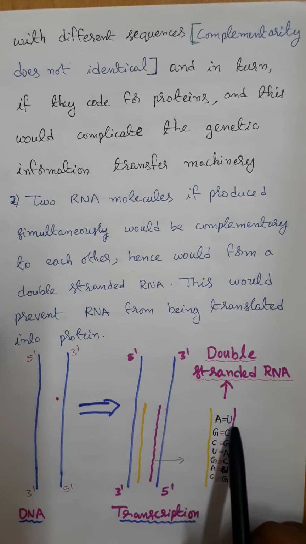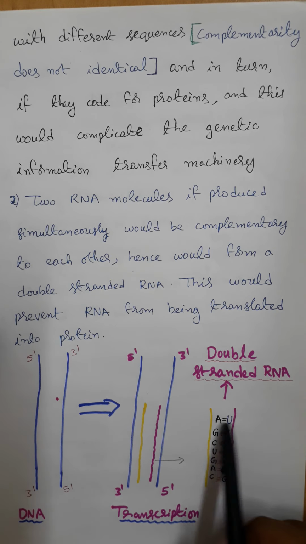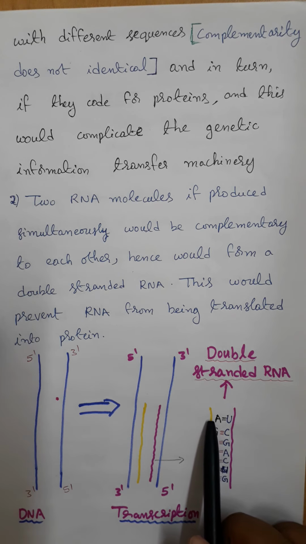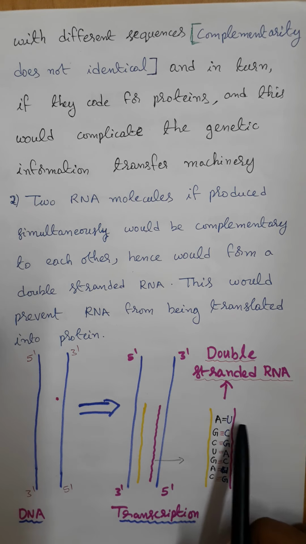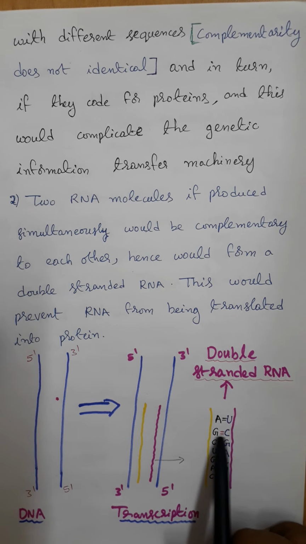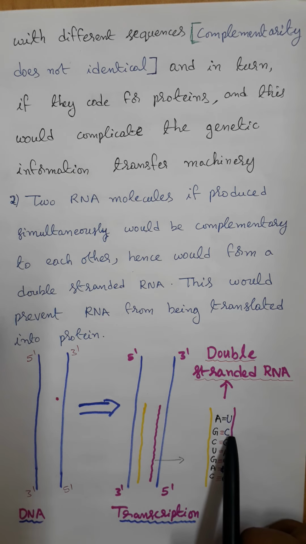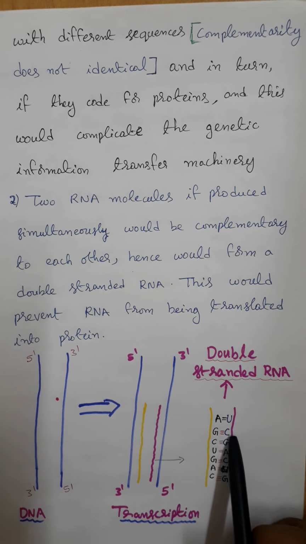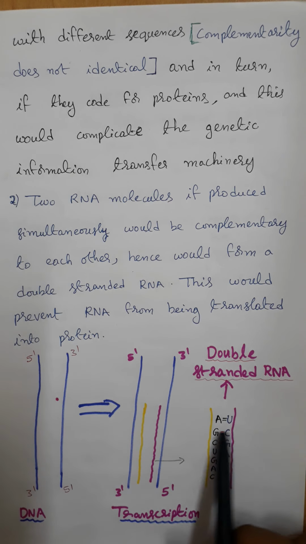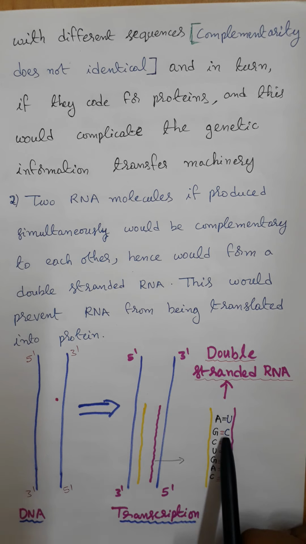So that means here in one strand adenine is present, and on the opposite RNA strand uracil. One RNA strand consists of guanine, and opposite to that cytosine is present in the other strand. So these two RNA strands are complementary with each other.